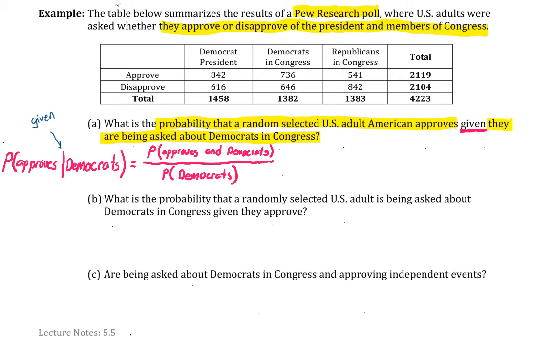Now, in our numerator, the probability that they approve and are being asked about Democrats is going to be the 736 divided by our table total. The probability that they're being asked about Democrats is going to be the total number that we're asked about Democrats divided by our table total.